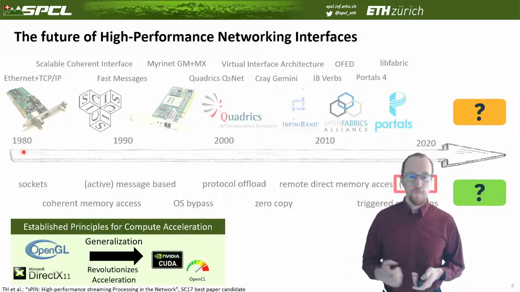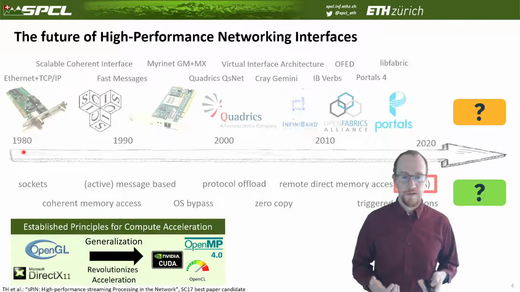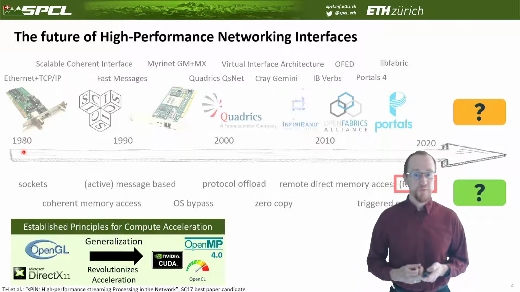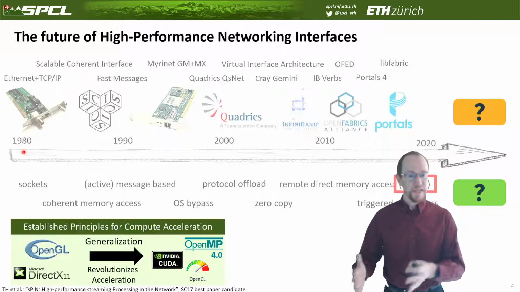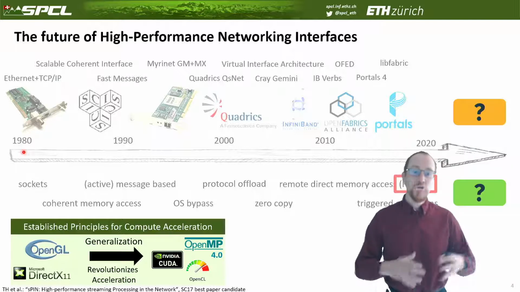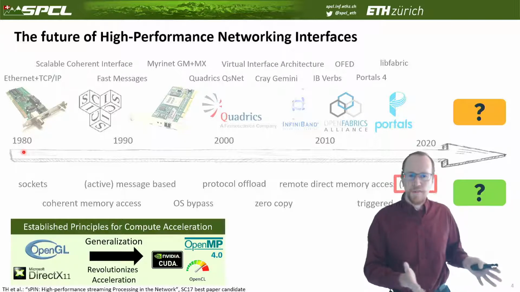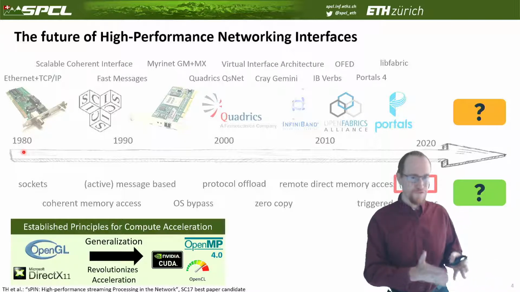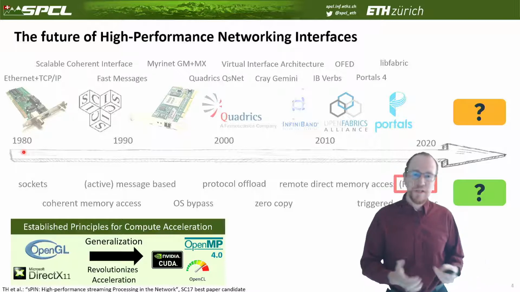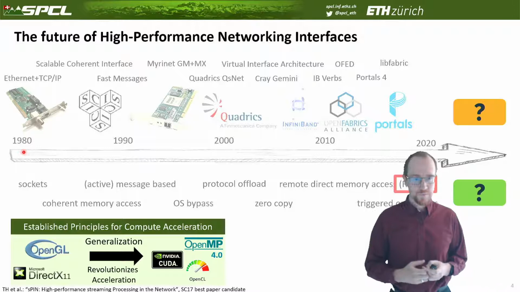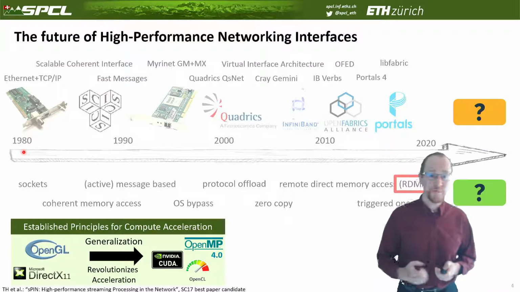And then later, OpenCL put this into an open standard, and OpenMP also adopted those. So somehow the compute acceleration was driven by generalization. We went from these highly specialized graphics processing units to GPGPUs, general purpose graphics processing units, nearly an oxymoron. Right? But that's really what it means. It is slightly generalized. It's still somehow a graphics processing unit, but we can process it in a more general way, or program it in a more general way.